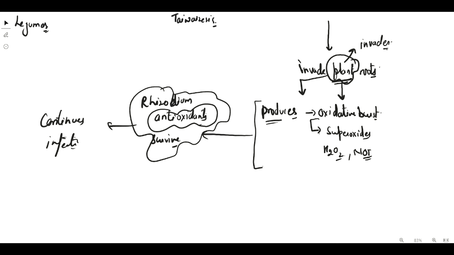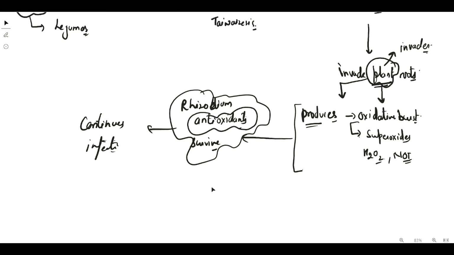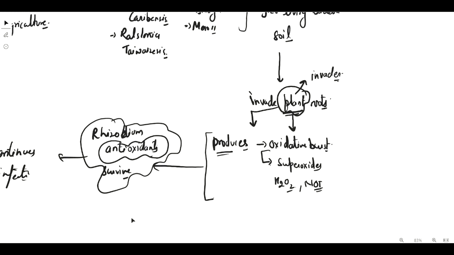When the Rhizobium survive the plant defense system, the plant roots finally produce an inducer molecule in response to the Rhizobium.